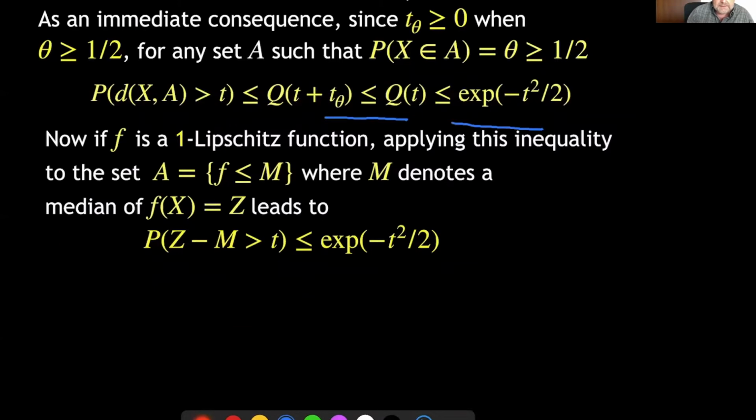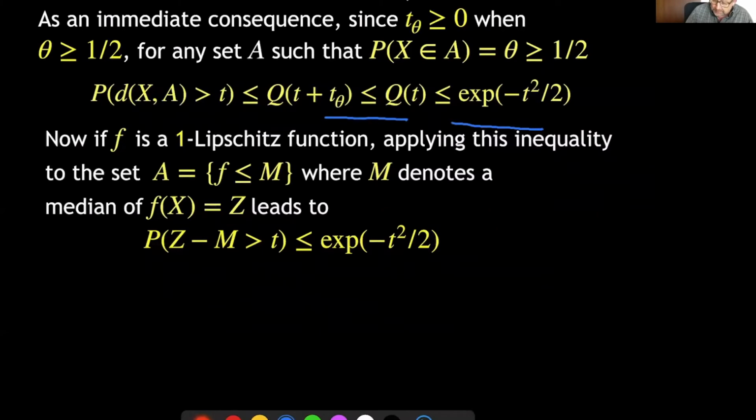Now, what happens if we look at Lipschitz functions? For the moment, we have a consequence on the distance function from x to any set A with probability larger than 1/2. And we would like to convert this result into a concentration result for a function of the random vector x which is Lipschitz. So this is very easy, in fact.